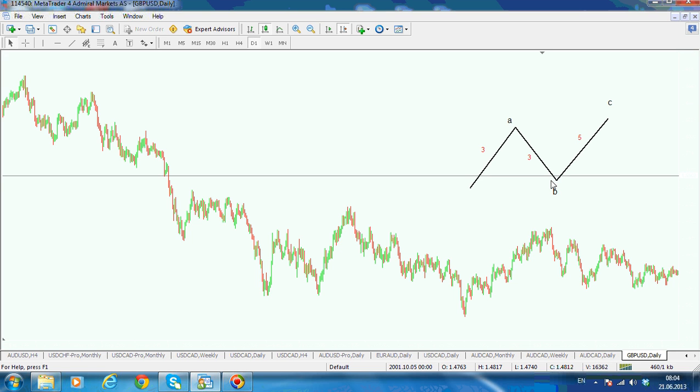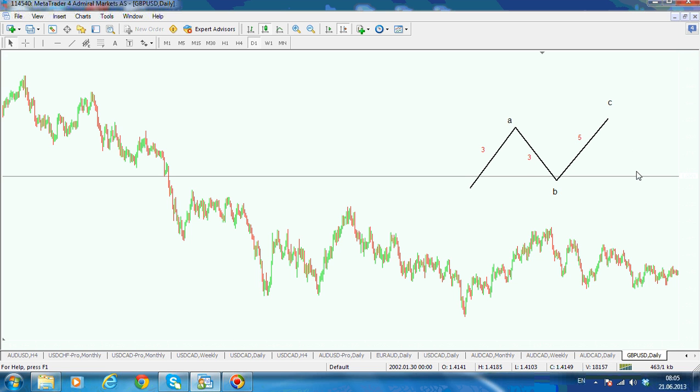If the B wave retraces less than 61.8, then this structure, like an ABC, is considered to be a zigzag, and the smaller degree structure is going to be 5-3-5. But if the B wave retraces at least 61.8 of wave A, then this is considered to be a flat, and the inner structure of the waves of a lower degree is 3-3-5.